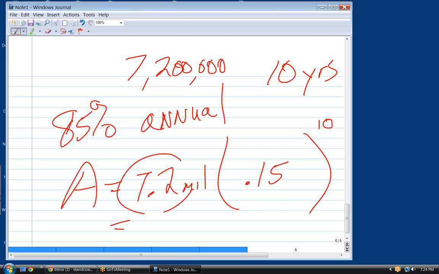Did you multiply by 7.2 or by 7,200,000? 7.2 million. So your answer is 0.04 million? Must be. It's not going to be 0.04 mosquitoes.